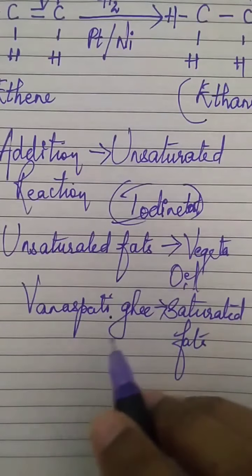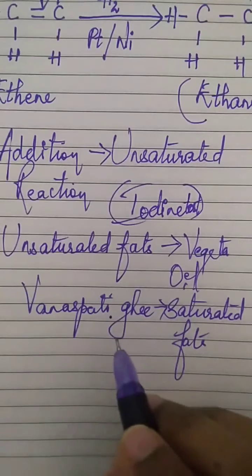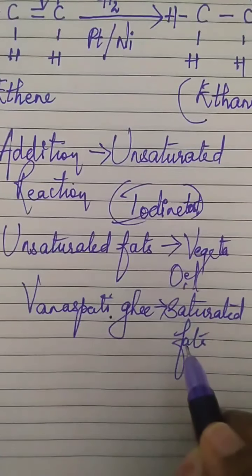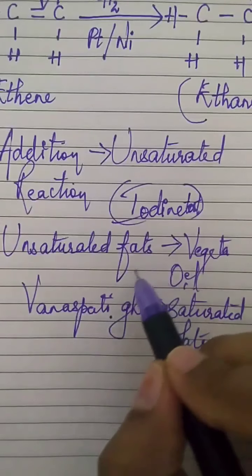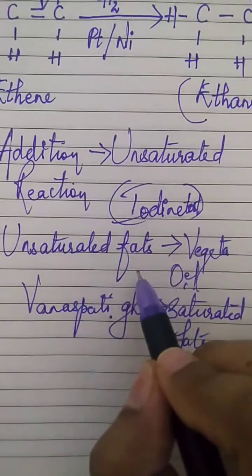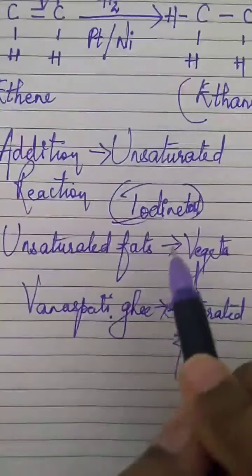The color of the iodine is seen in that ghee. If you see the color change, you can confirm that it is saturated fat, which is not good for our health. If you see there is no color change, that means it is unsaturated fat. It can be used, good for our health. So that is all about addition reaction.